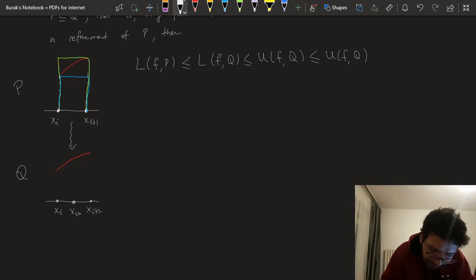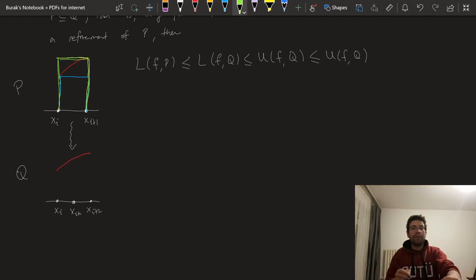What's going to happen? When you now try to compute the upper and lower Riemann sums, remember that with the partition P, when you computed the upper Riemann sum, you had the area of that green rectangle.